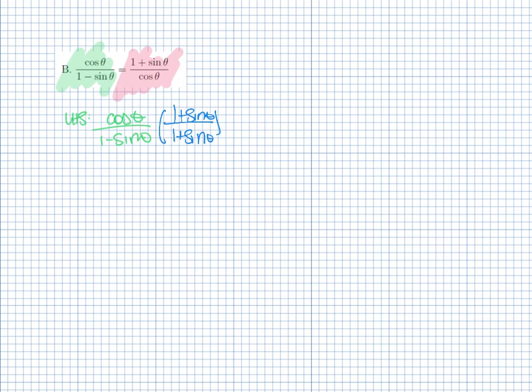I want you guys to remember a couple of things here. One, that this equals 1. And we're going to end up with a difference of 2 squares when we simplify it. So we're going to get cosine theta times 1 plus sine theta. But on the bottom, we're going to get 1 minus sine squared theta.